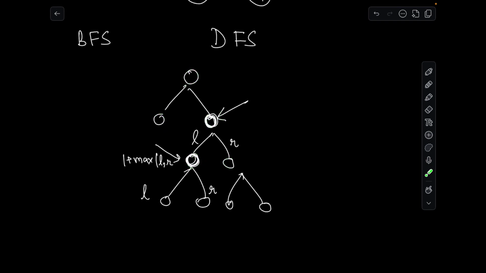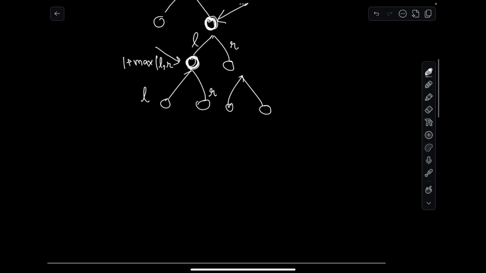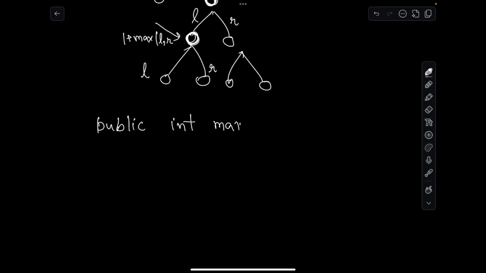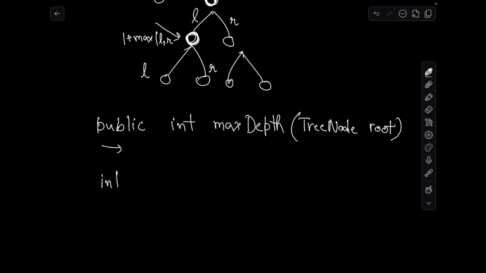Okay, so let me write you the pseudocode and we'll see if it's making sense or not. So let's say you are given the same function to find the maximum depth. Here I'm given a root node for which I need to find the depth. There will be a base case here. I'll write the base case later, but let's say you are given the answer for the left subtree.